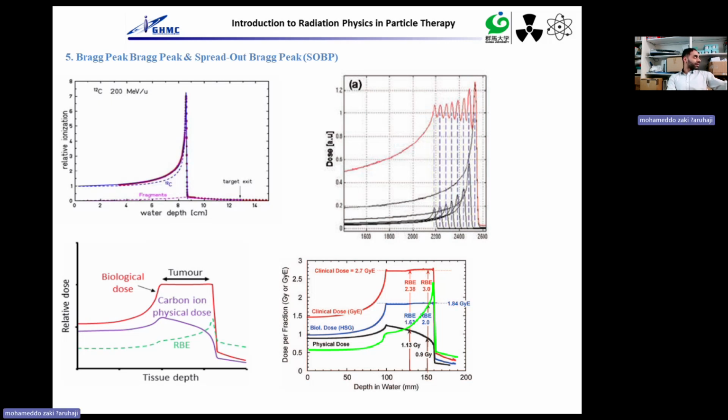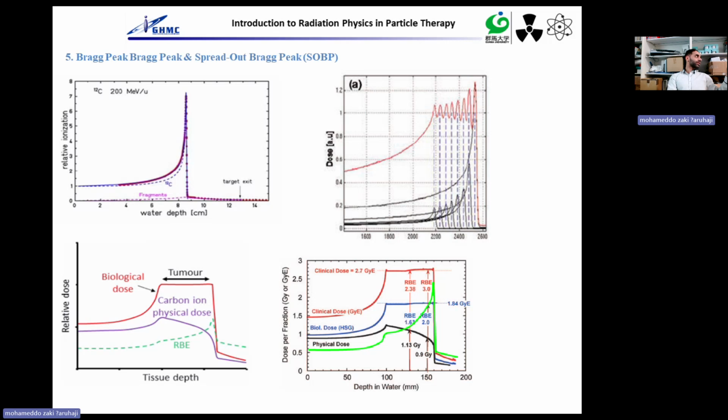You understand? So when I try to understand stopping power, I am not trying to understand how the biological dose, physical dose or clinical dose behaves. I want to understand the energy that I will have from those particles, how much has been stopped and how much energy I have gained.